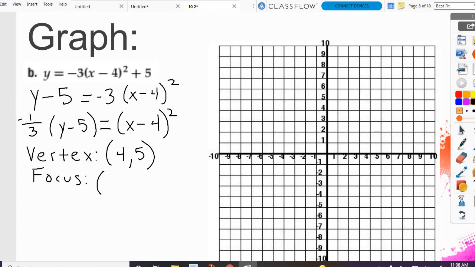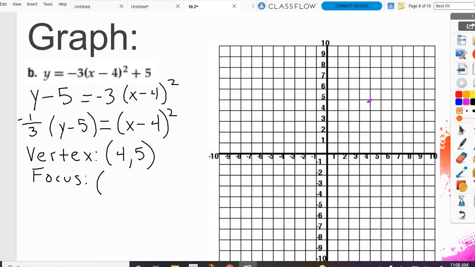So we might need to know how to do it. So which one of our variables is being squared? The x. So if my vertex is at 4, 5, and the x is what's being squared, okay, and my p value is going to be negative, which way is it going to open? Down.